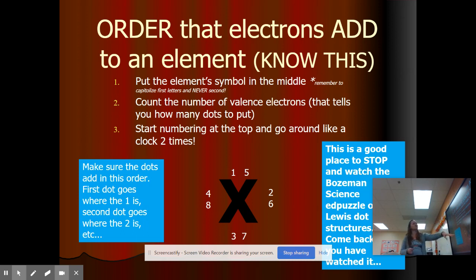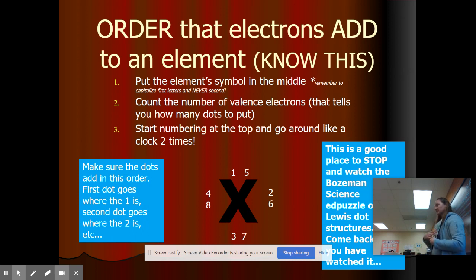All right, so you can put the symbol in the middle, count the number of valence electrons. So remember the valence electrons, we can do this with the periodic table, right? On the periodic table, you remember that the valence electrons are similar to the group numbers. Group number 1 elements have 1 valence electron. Group 2 have 2.